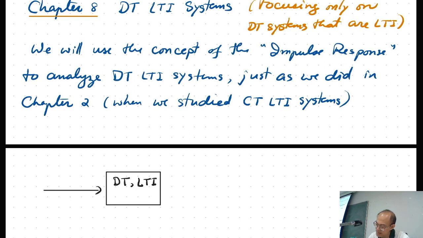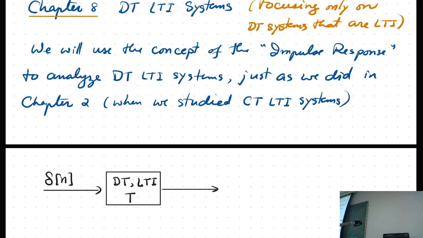Okay, and let's call the system T. Now we're applying, instead of having any arbitrary input, the impulse response, which is defined as the output when the input is the unit sample. Notice here, I'm not calling this unit impulse, I'm calling this unit sample because it is the discrete time version.